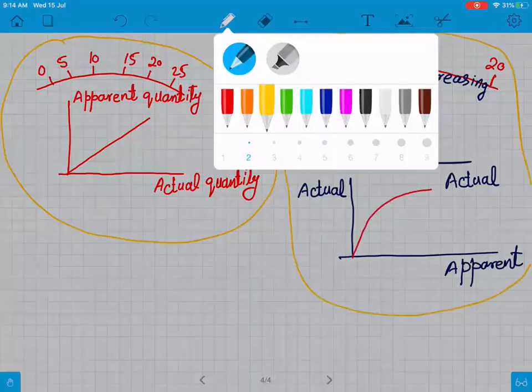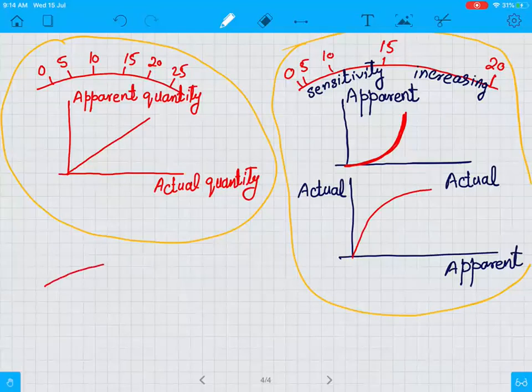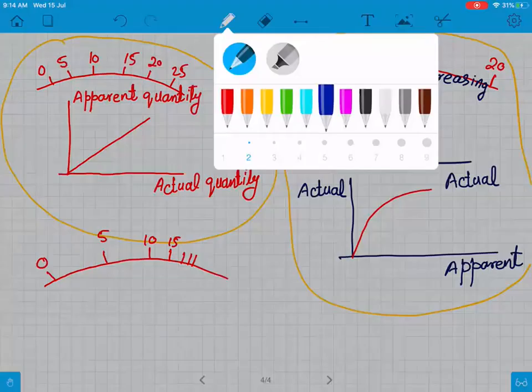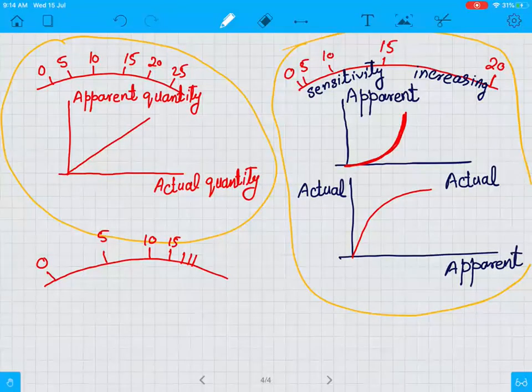The third example that we see is for a device in which the divisions are getting smaller and the sensitivity is decreasing. Let's suppose this is 0, this is 5, 10, 15, and so on. Now in this device or instrument, you see that the divisions are getting smaller. So we can say that the sensitivity is decreasing.